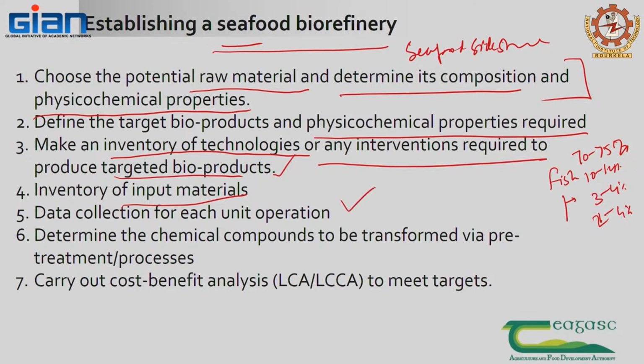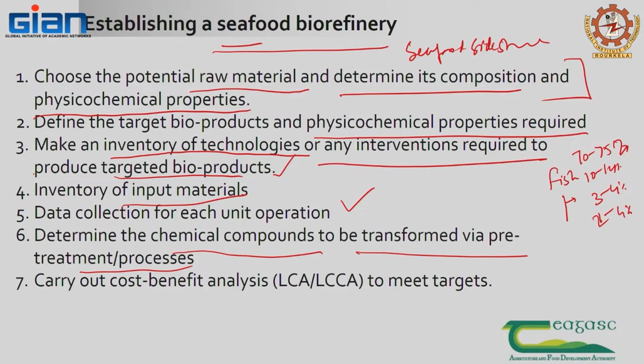Collect data for each unit operation, that means whatever is operated, you get all the unit operations, and determine chemical compounds to be transformed via pre-treatment or different processes, whether you have to pre-treat it for stabilization of biomass or for production of different ingredients.